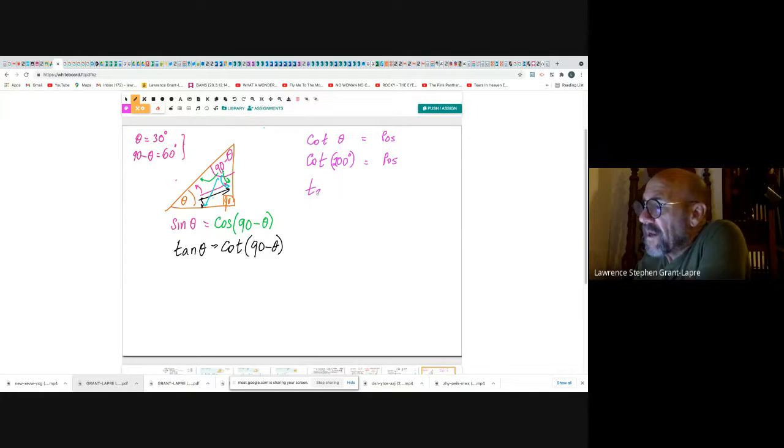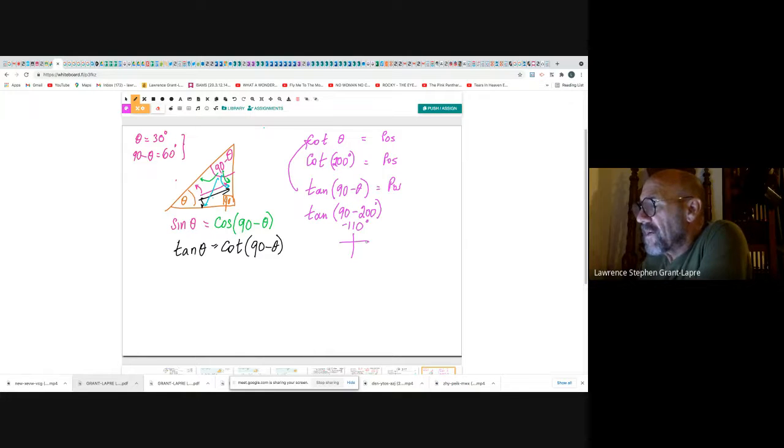Now, tan of 90 minus theta from an acute angle is also positive, and tan of, say, 90 minus an obtuse angle, we would get negative 110 degrees.